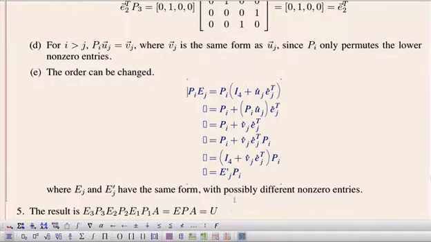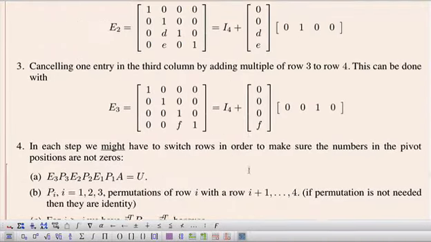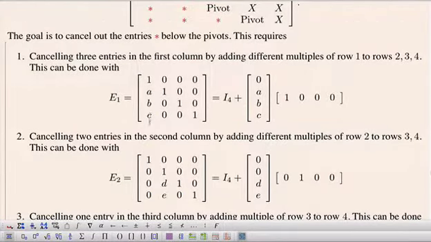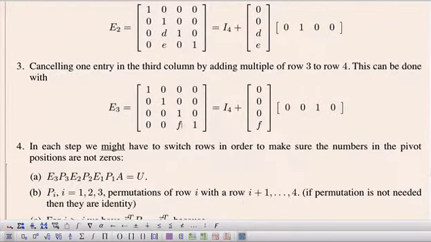And this has the same form as E_j, so this is just E prime j times P_i. They have the same form with possibly different non-zero entries under the diagonals, but the diagonals are still ones. Only the non-zero entries under the diagonal might be different. That means maybe not a, b, c, but some other constants, and so on.